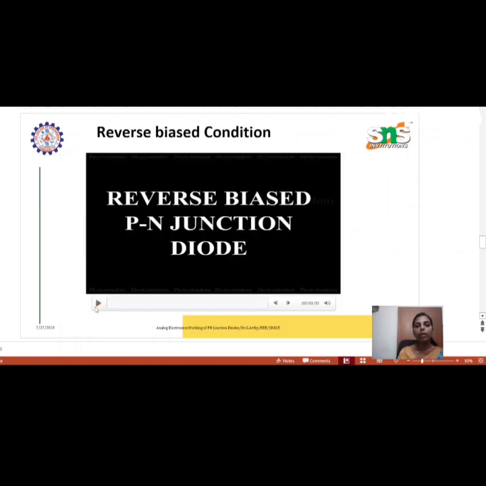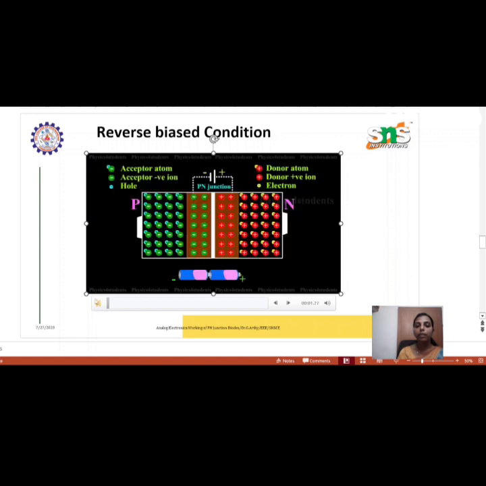So this is how a diode is connected in reverse bias condition. See here, the positive terminal is connected to the N type and the negative terminal is connected to the P type. So at this point, what happens is, see, this is negative and this is positive.